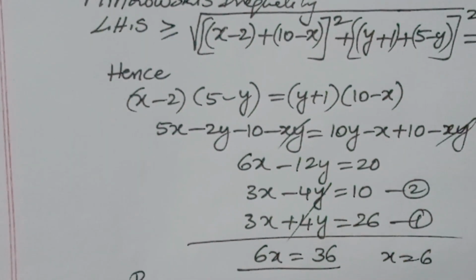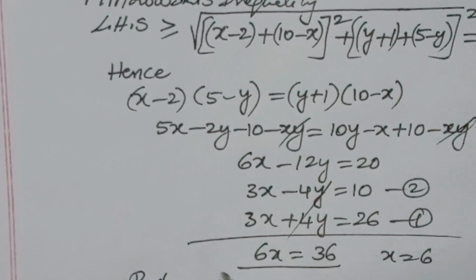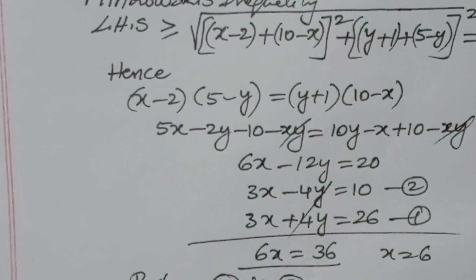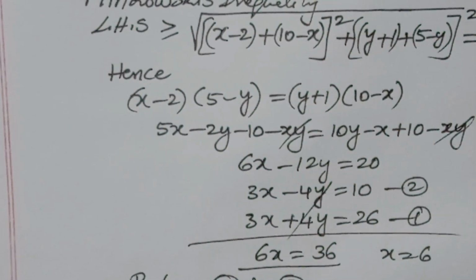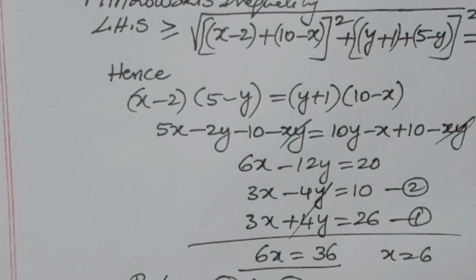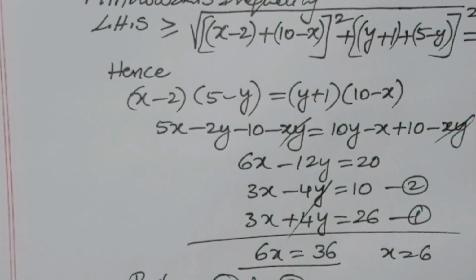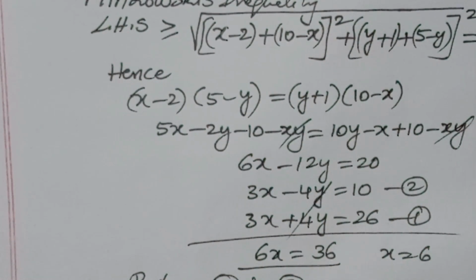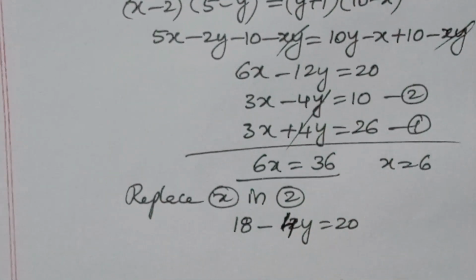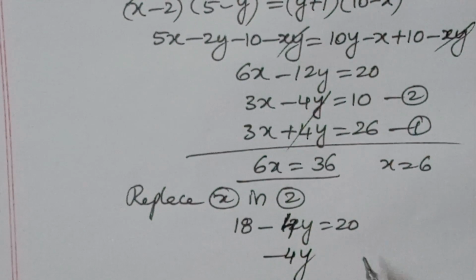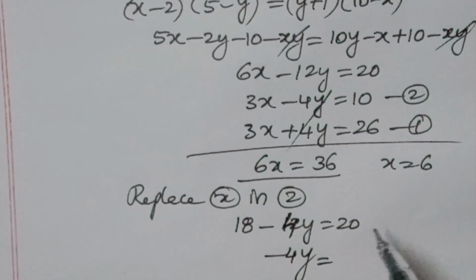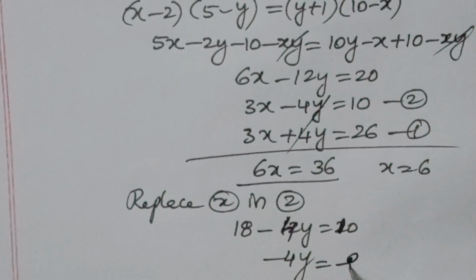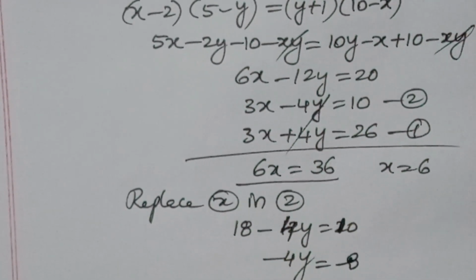And replace x in the second equation: 18 minus 4y is equal to 10, so 4y is equal to 8, y is equal to 2.